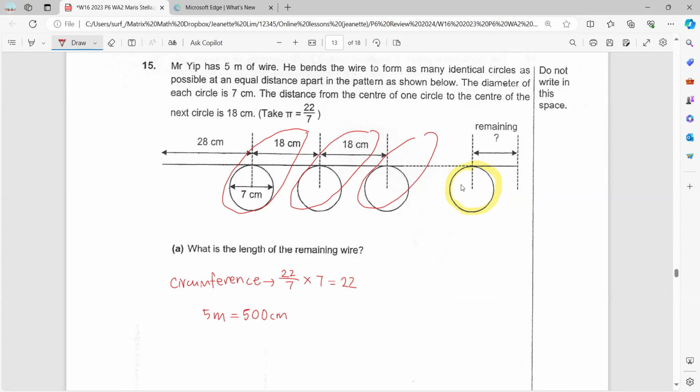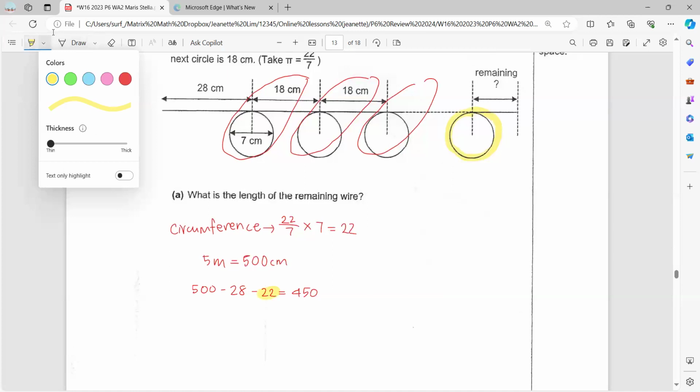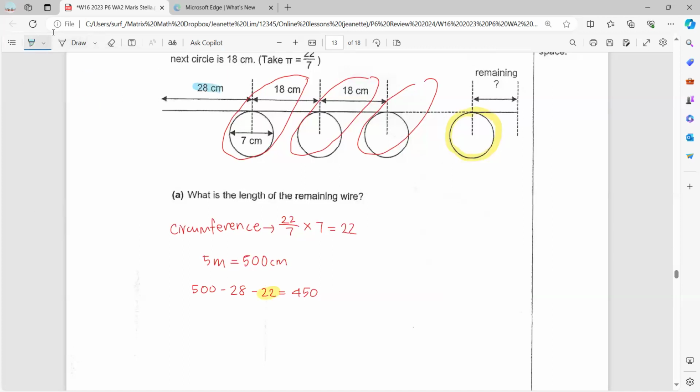So 500 is the total length, minus 28 minus 22. So this is the 22 I'm taking away in yellow. And I have a 28 that I'm taking away as well. So this 450 will give us all the groups as well as the remaining.